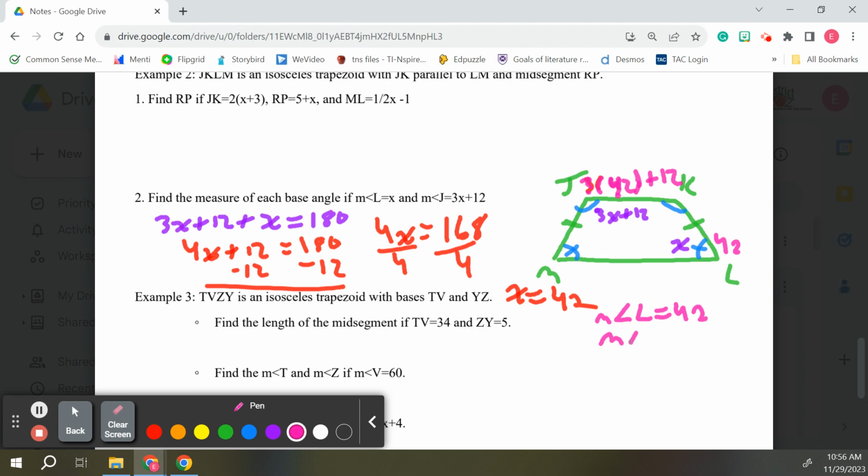And the measure of angle J is equal to 138. And they're also asking for the measure of each base angle. So the measure of angle K is going to be 138, and then the measure of angle M is going to be 42.